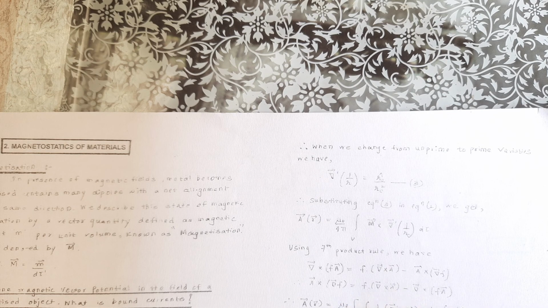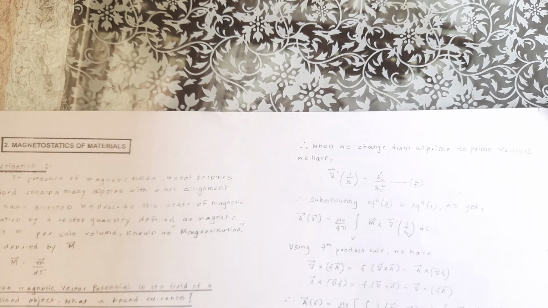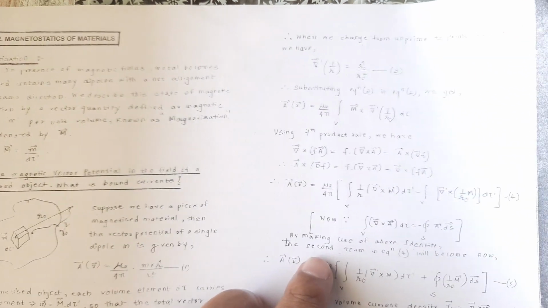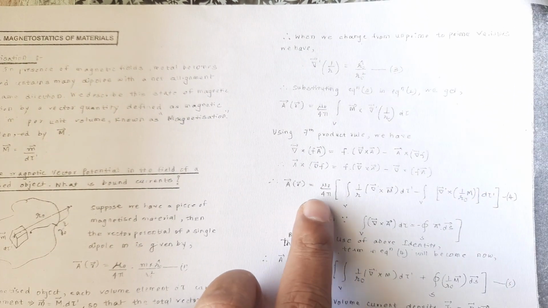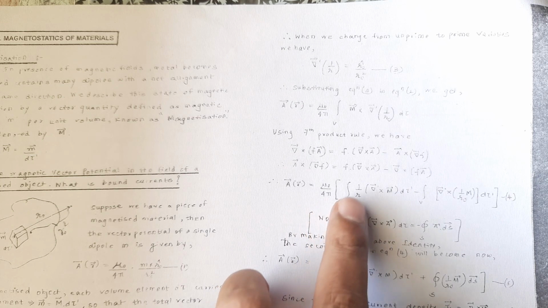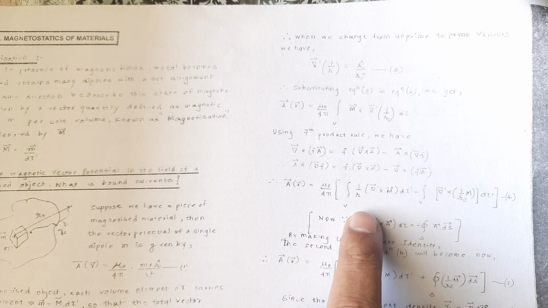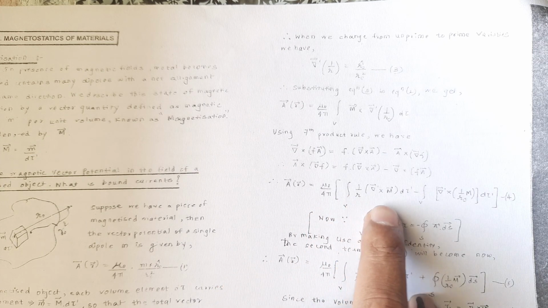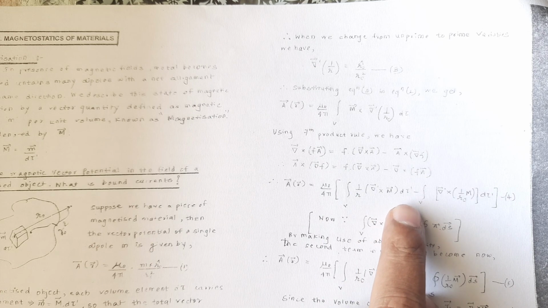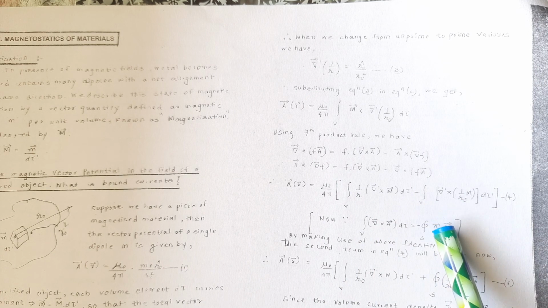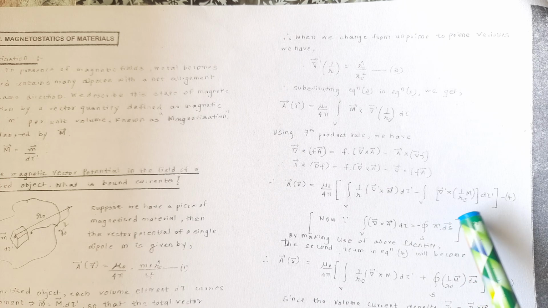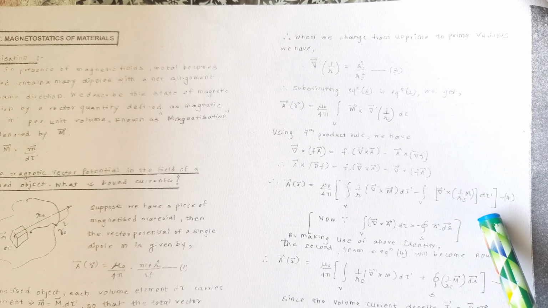We can substitute the values of A and f. Therefore the equation becomes A(r) bar is equal to mu 0 upon 4 pi volume integral of 1 upon r naught del prime cross M into d tau dash minus volume integral of del prime cross of M upon r naught into d tau dash.